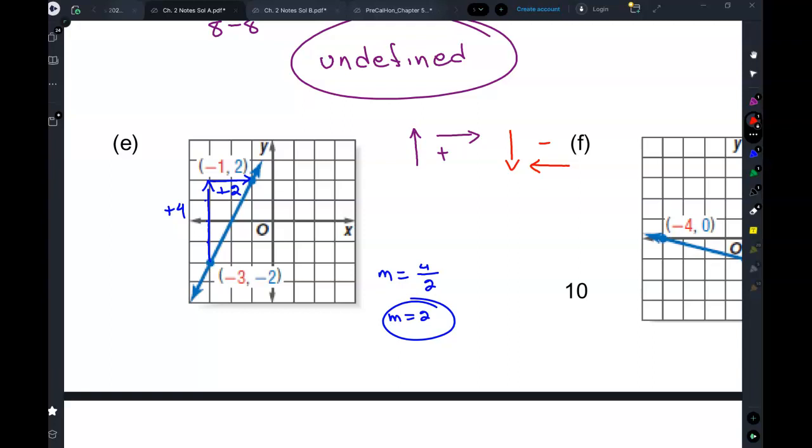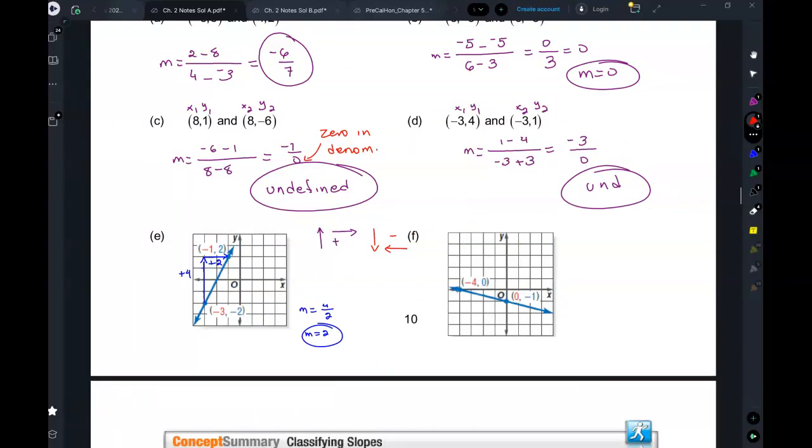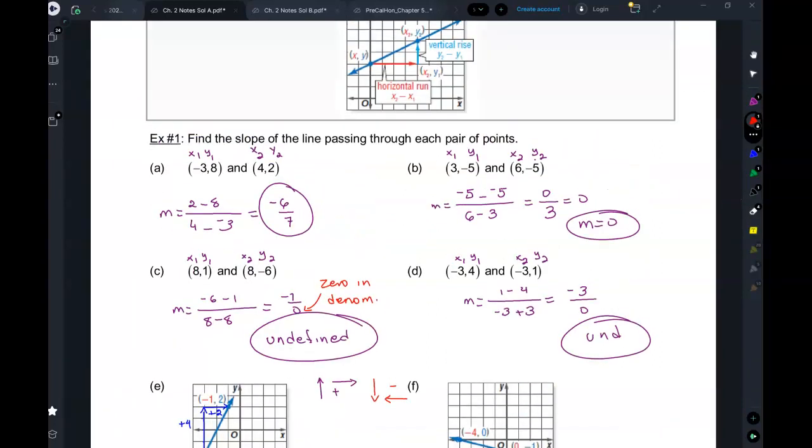It really doesn't matter. You can make this x1, y1, x2, y2, or you could do it the other way. They come out to be the same. If I were to switch it, I would get the same answer. Just switch it consistently.